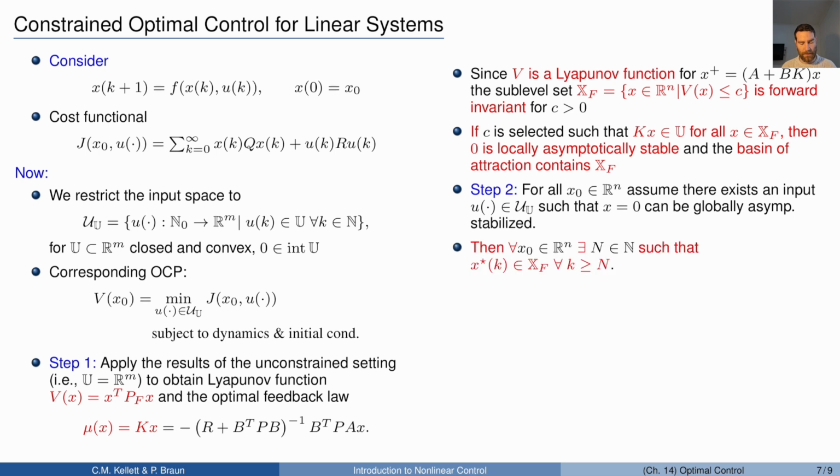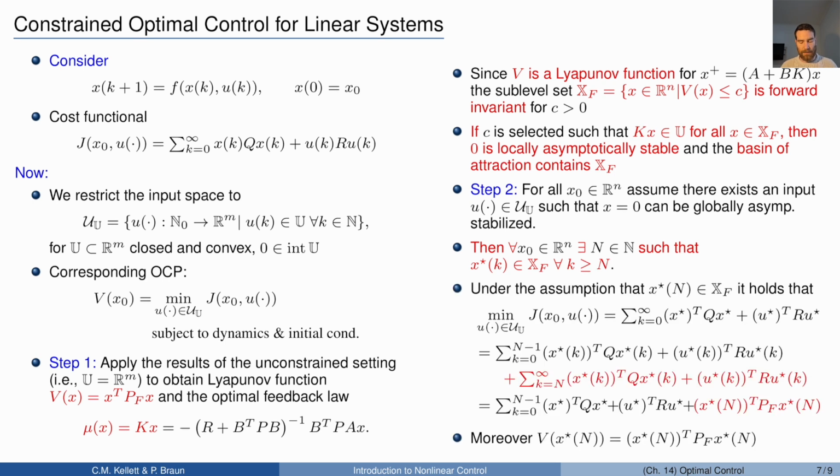With that, we know that for all x0 in R^n, there exists an N in the natural numbers, so N just needs to be large enough, such that x_k will be in this terminal set XF here. And then, once we are in this terminal set, forward invariance is telling us that we will stay there for all k in the natural numbers.